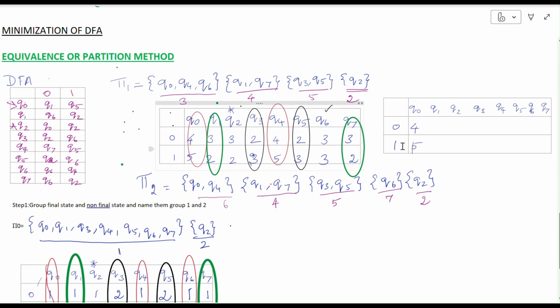Q6 is of group 7 and Q2 is of group 2. Q2 on receiving 0 goes to Q0 and on 1 it goes to Q2. So 6 and 2.